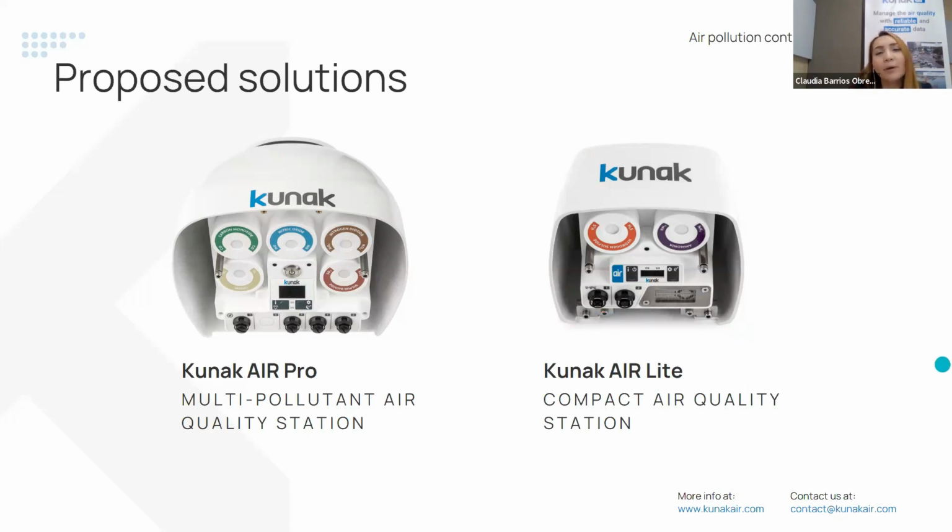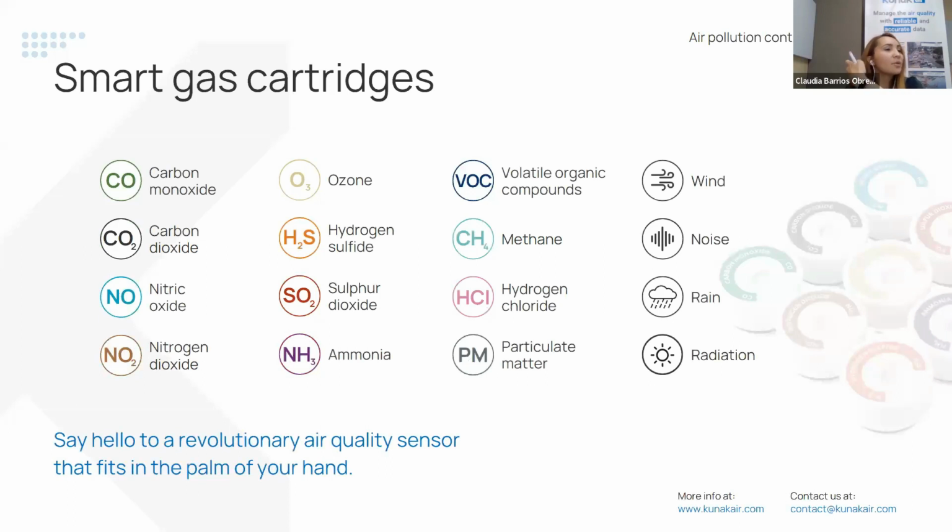Both are equipped with temperature, humidity, pressure, dew point, and GPS sensors, which are built in and come as standard parameters with every device. The stations work autonomously with solar panel measuring continuously in real time and are designed to reduce maintenance costs that together with the patented plug and play gas cartridges, we have a wide range of pollutants, as you can see in this slide, with low and high concentrations.